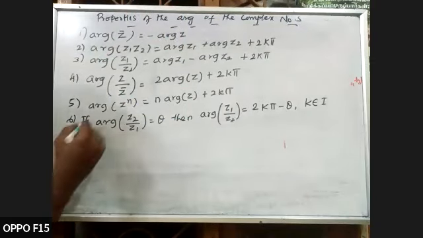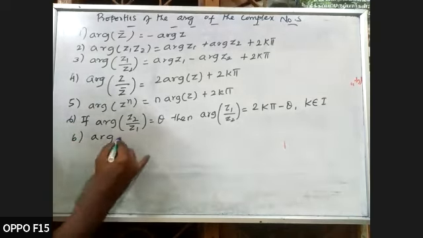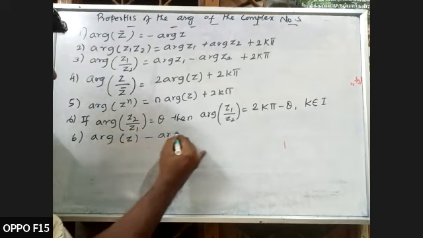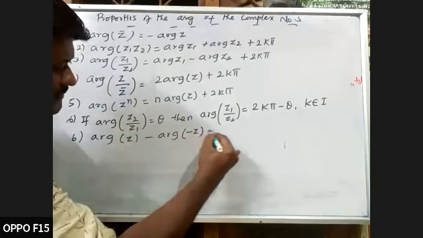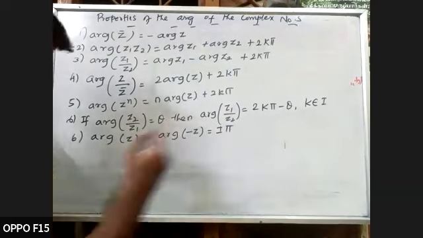The next property, argument of z minus argument of minus z equals plus or minus pi.